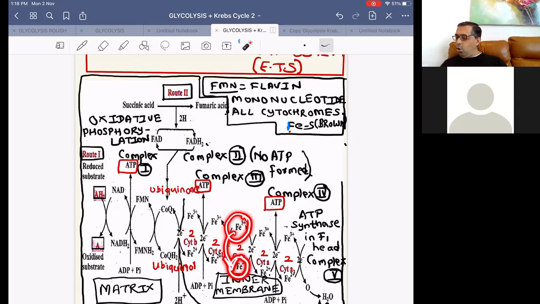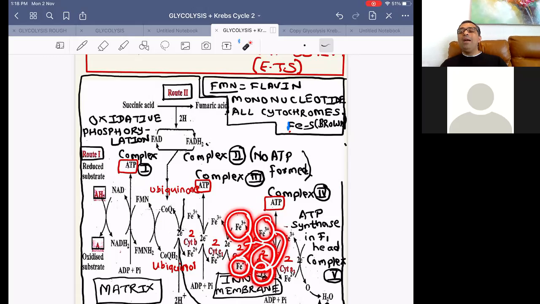And cytochrome C से ज्यादा electronegative is cytochrome A. So electron चला जाएगा and ferrous will get oxidized back to ferric state. And cytochrome A, ferric gets reduced to ferrous state.